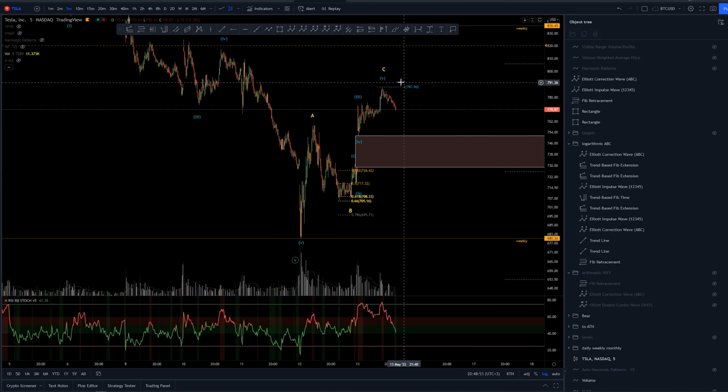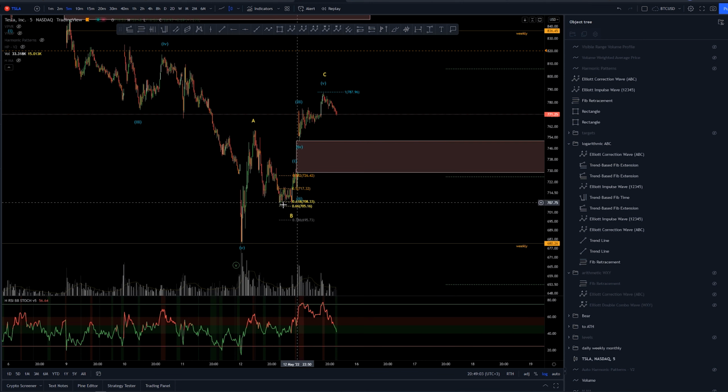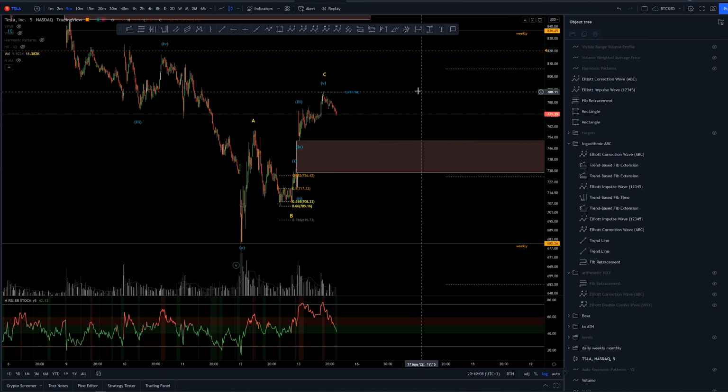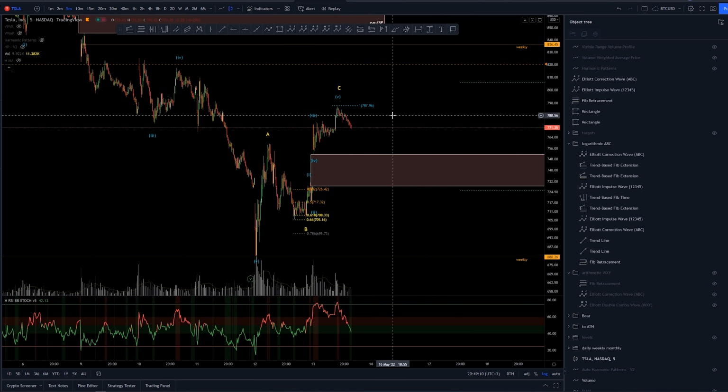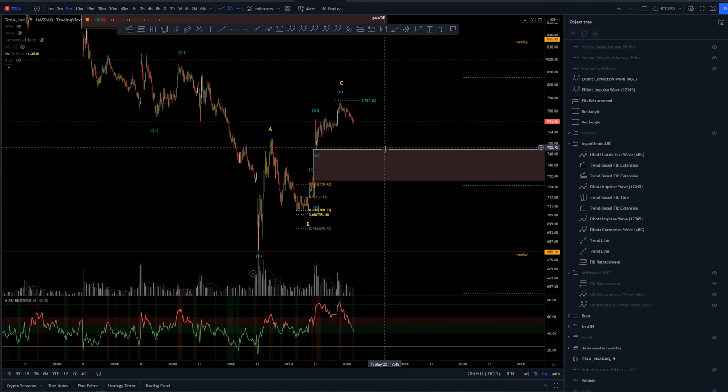And this adds to the confluence of this being ABC. Just the 1-to-1 extension. So even if we had gotten even just a bit higher, it would have been better looking and more confluence for it to be in another 1-2.